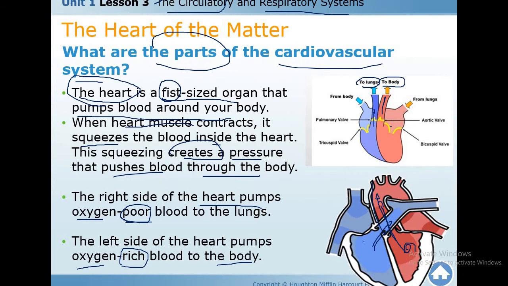So the right side pumps oxygen-poor blood, while the left side of the heart, the red color, pumps oxygen-rich blood to the body. This goes to the body, while the right side goes to the lung. The blood that contains no oxygen is pushed upward to the lung, while the oxygenated blood from the left side is pushed upward to the body.